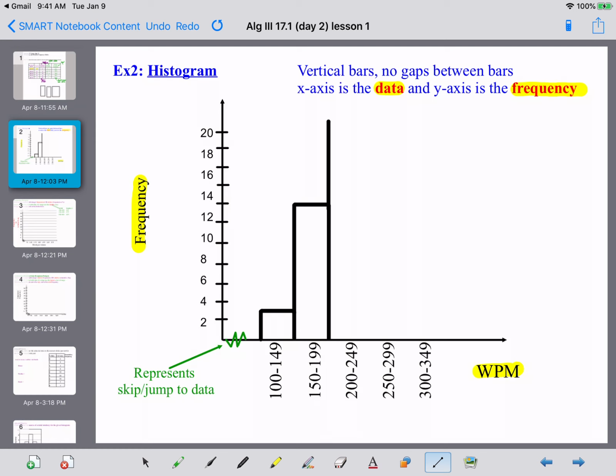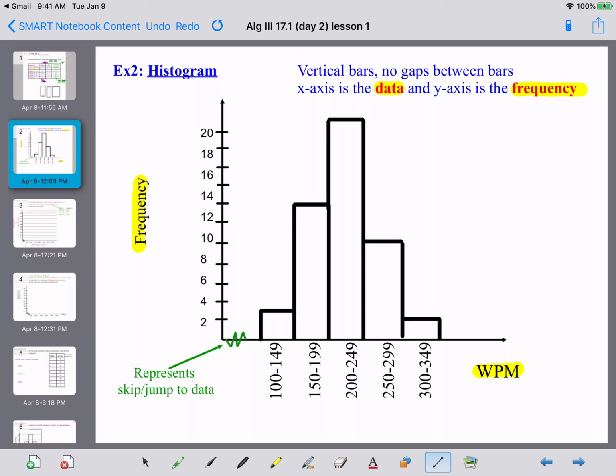So that's going to be a little bit above 20. All right. And then next we had 10 people between 250 and 299. And then for 300 to 349, we just had 2 people typing that speed.